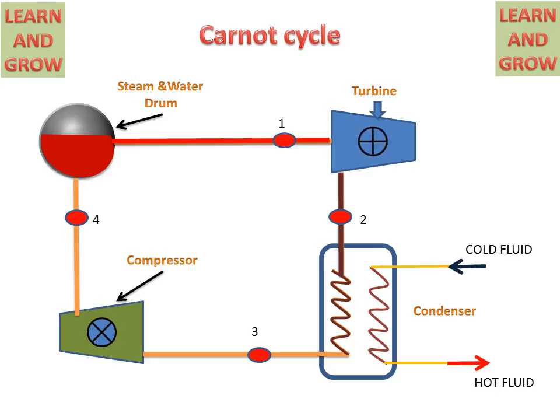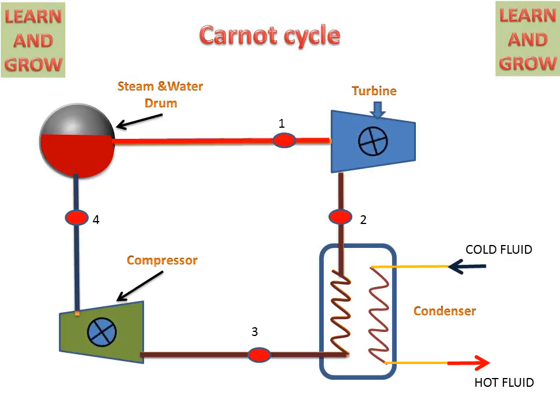Then this fluid goes to the compressor. In the 3 to 4 process, the wet vapor is compressed isentropically and restored to the initial state represented by point 4. So this is the working process of the Carnot cycle.